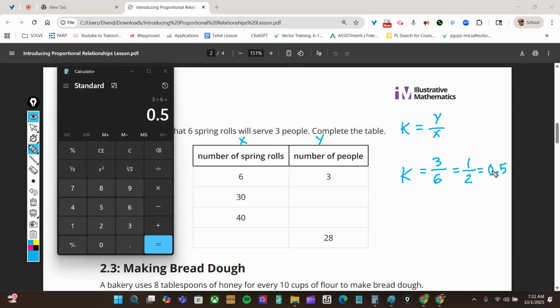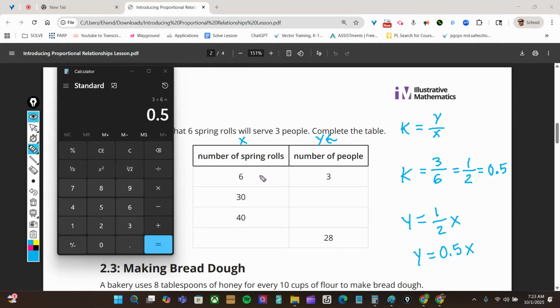Okay. So we would write that in our equation, y equals half x. Y equals half of x, or y equals 0.5x. Okay, so y right here equals half of x.